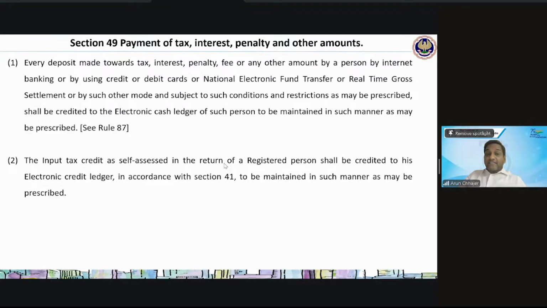ITC as self-assessed in the return of the prescribed on the other registered person shall be credited to the electronic credit ledger in accordance with section 41 to be maintained as may be prescribed.